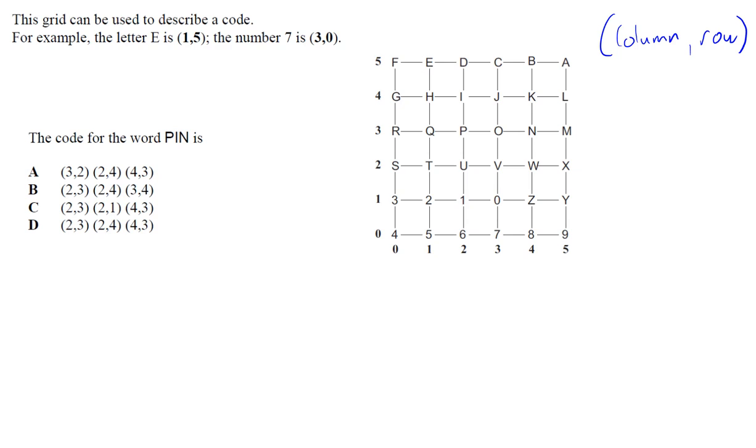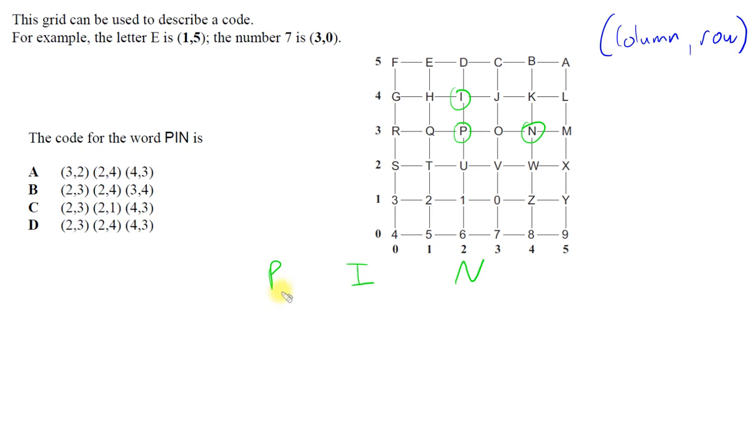So the code for the word pin will be found by finding the P, which is here, the code for I, and the code for N. So we need a P, and we need the I, and we need the N. Now remember, to make each of these codes, we need to find the number in the column and the number in the row.